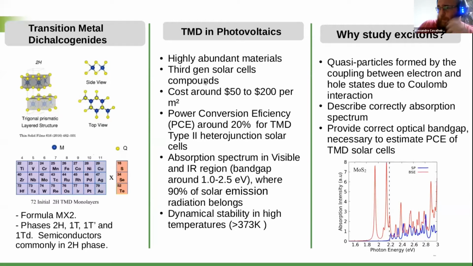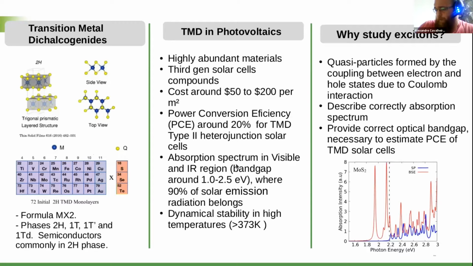So first, these materials are very abundant in nature. They are components of third generation solar cells, the most advanced generation of solar cells. They have a lower cost per square meter to produce the solar cell, which is important. They have an achievable power conversion efficiency for solar harvesting of around 20% when we use type 2 heterojunctions.